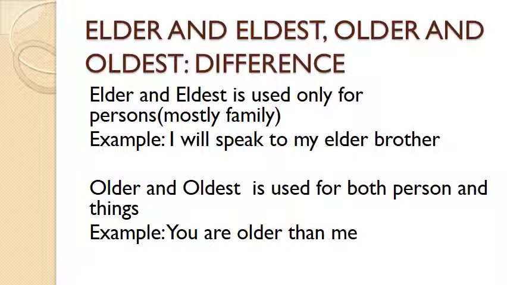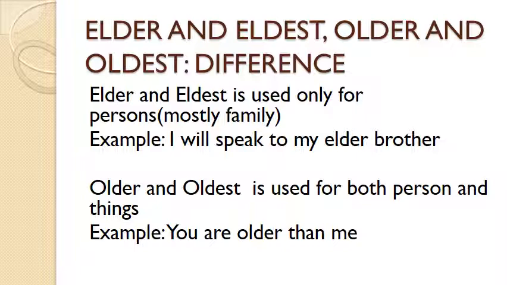Elder and eldest are used for persons, mostly when we are talking about our own family, our near and dear ones. Just like we can see in the example, I will speak to my elder brother. As a brother is a part of my family, I will use elder.